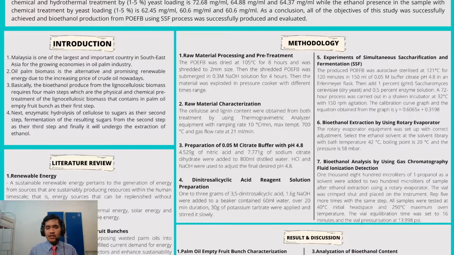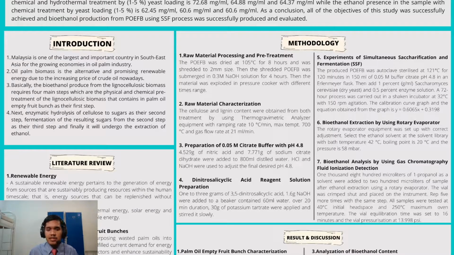Second, raw material characterization. The cellulose and lignin content were obtained from both treatments by using thermogravimetric analyzer equipment with a ramping rate of 10 degrees Celsius per minute, max temperature 700 degrees Celsius and gas flow rate at 21 ml per minute.